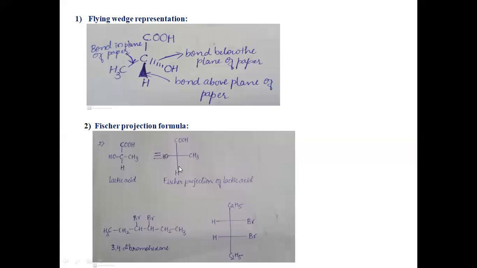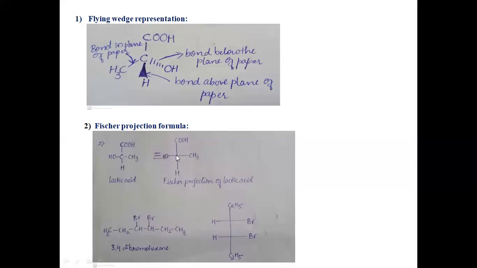We are using a cross line to represent the chiral molecule. The intersection of these two cross lines indicates the chiral center or chiral carbon atom. Cross is nothing but a plus-like sign. We are using a cross to represent the chiral carbon atom, or we can say asymmetric carbon.